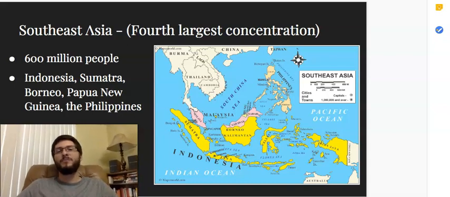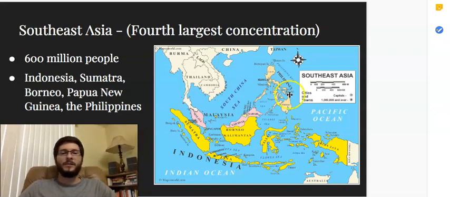You've got 600 million people living in just this little area of the world. Most of that is because of Indonesia's humongous population. Indonesia is made up of, I can't remember, I think 11,000 islands. If each of those islands has a couple hundred thousand people on it, you're talking some pretty big numbers pretty quickly. Okay?